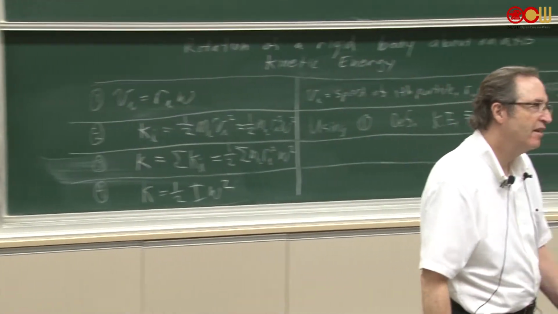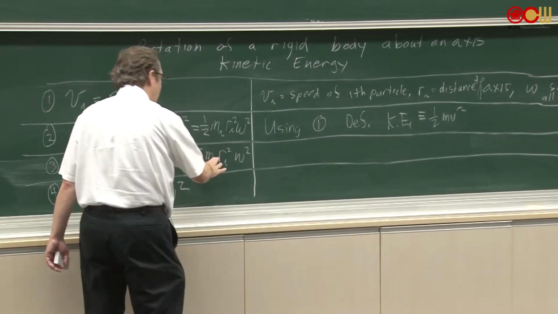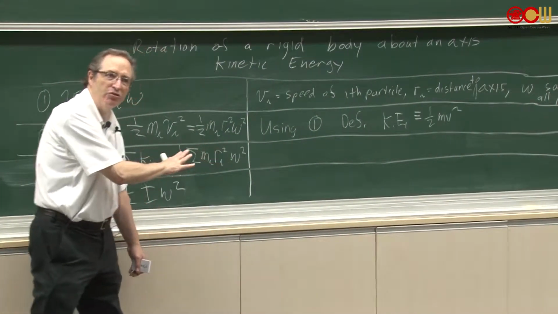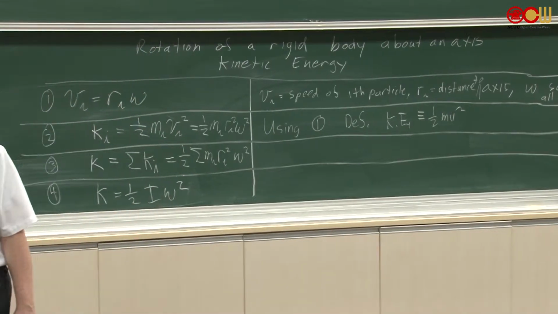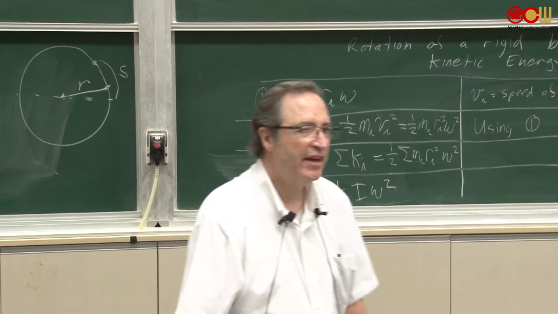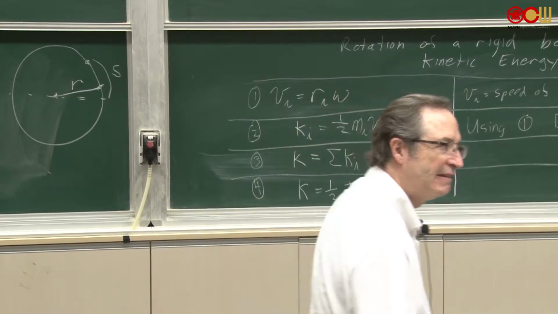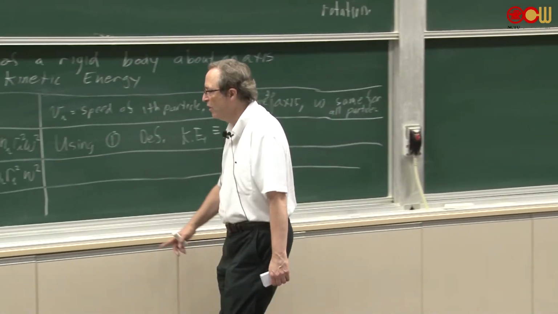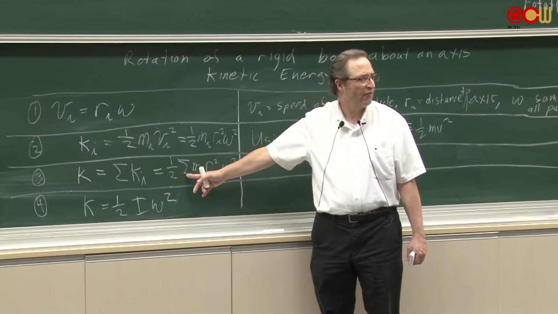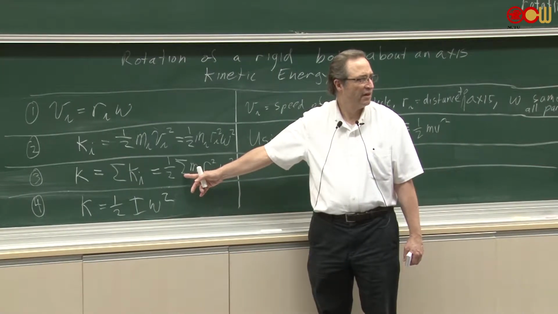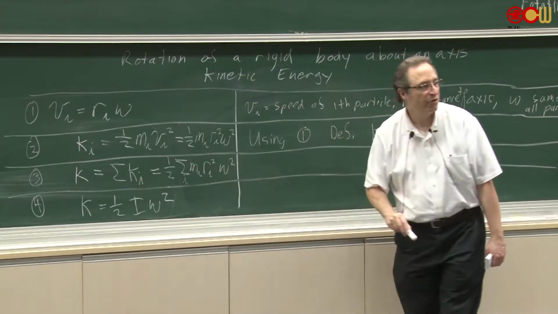I want to put a couple of symbols on here to emphasize something. What is this sum a sum over? What are we summing over? I. All right, so we should put that in.